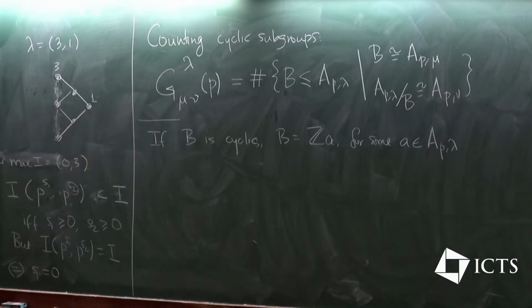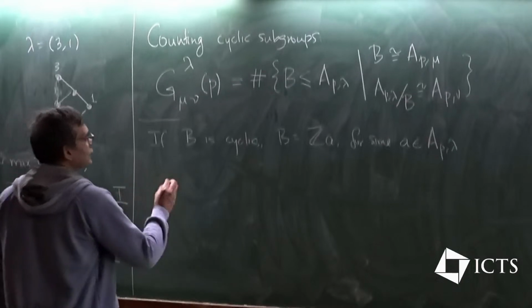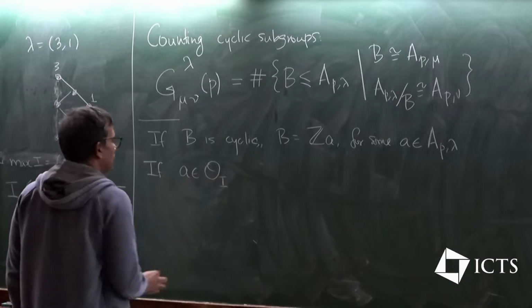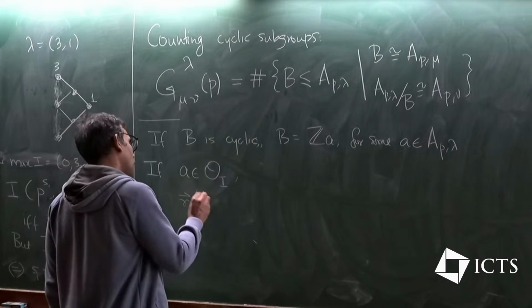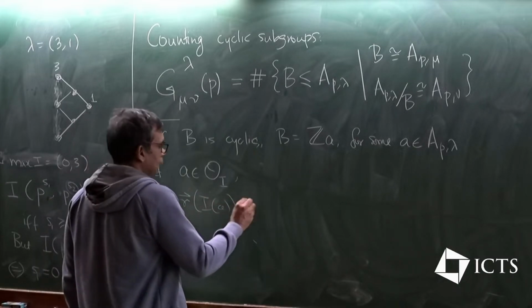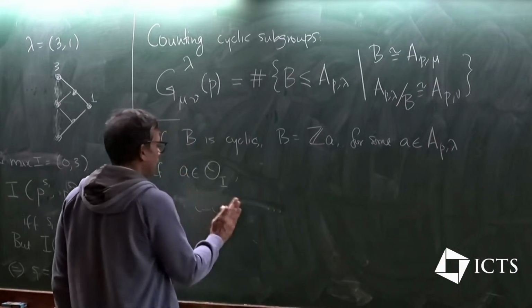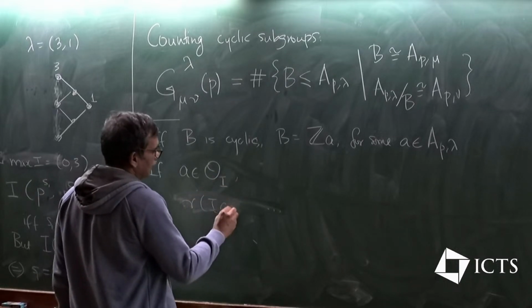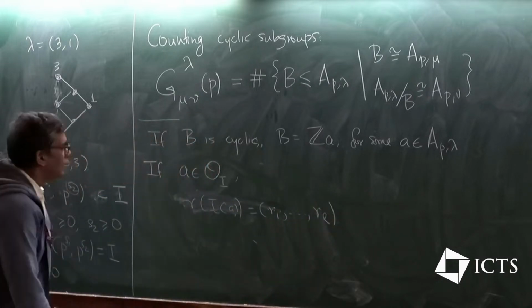So what we have seen is that if we know which orbit A lies in, we know what mu is. Remember we had shown that if A belongs to O_I, that is I A is I, and R of I, A is R1 up to RL, then we can compute mu.